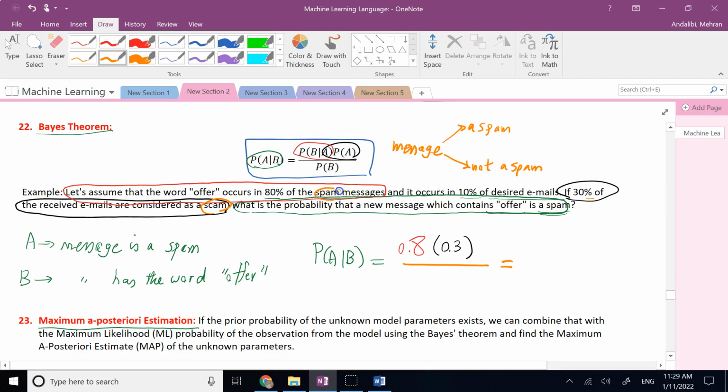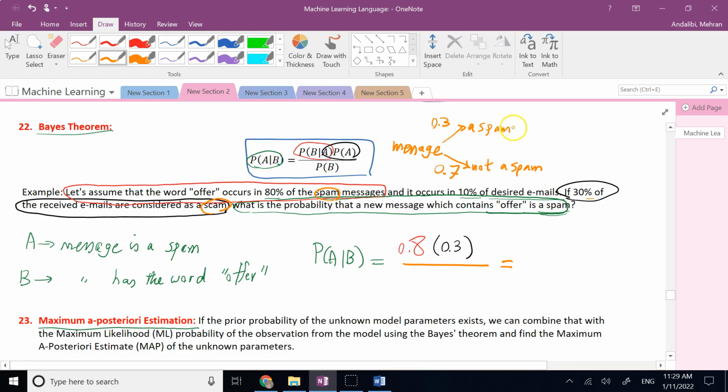They are not exactly the same, but anyway, the chance of the message not being a proper, real message is what? You see, 30% of the messages are spam or scam, whatever you want to call it, 0.3. And definitely the other 70% are not. They are real emails, they are real messages.